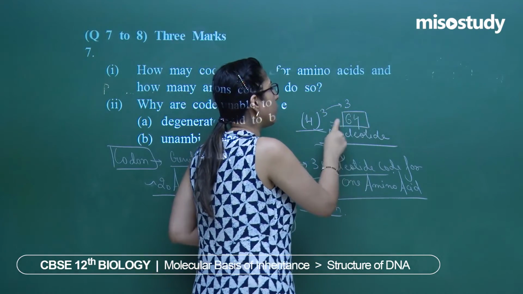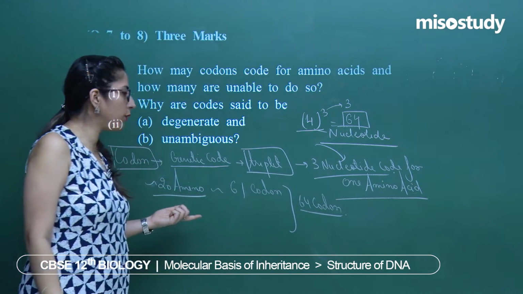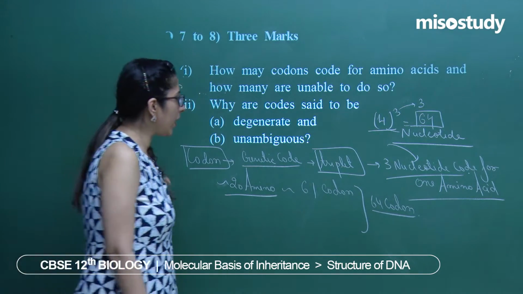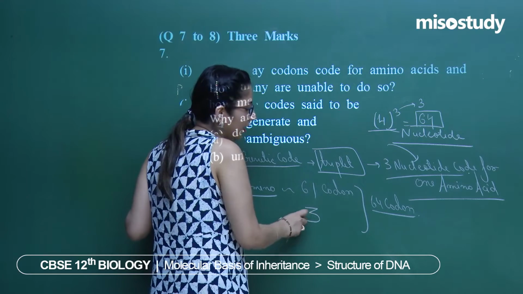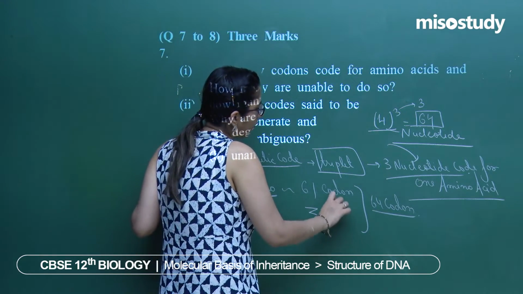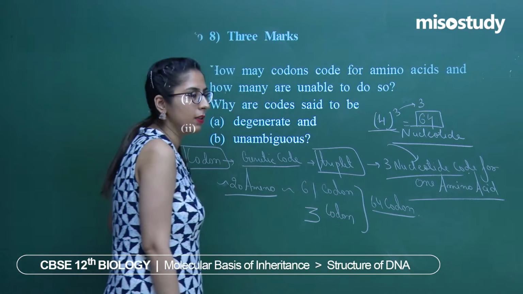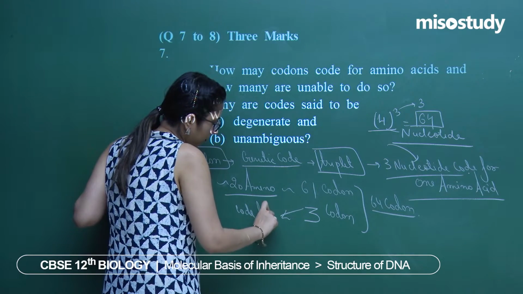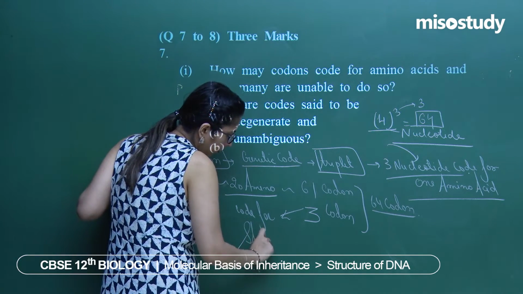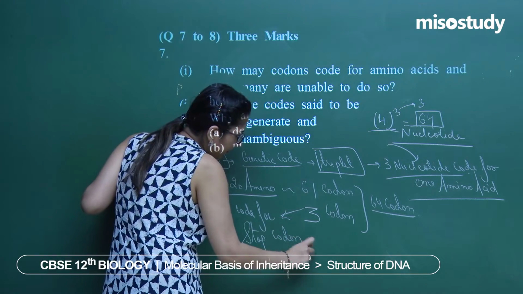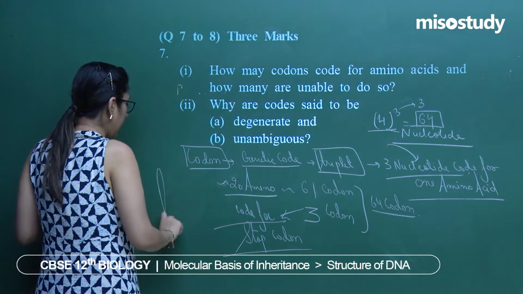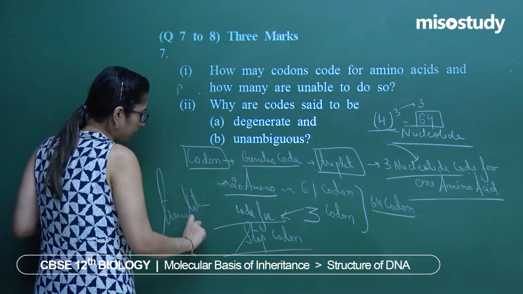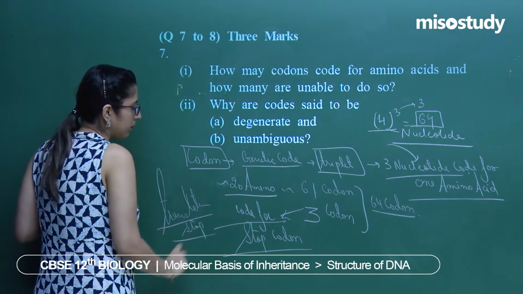So overall there are 64 codons, and out of these 64 codons, only 61 code for 20 amino acids. What about the remaining 3? The remaining 3 codons do not code for any amino acid. Rather, they code for stop, which means this is the place where the whole translation stops.